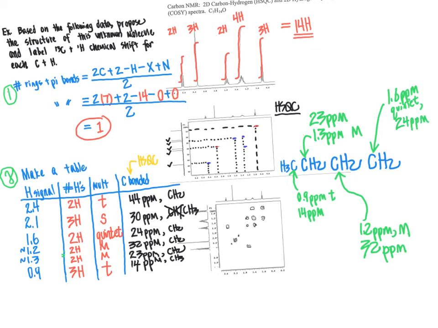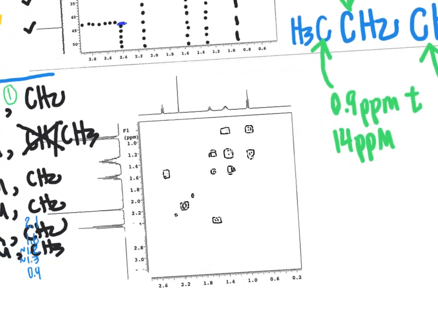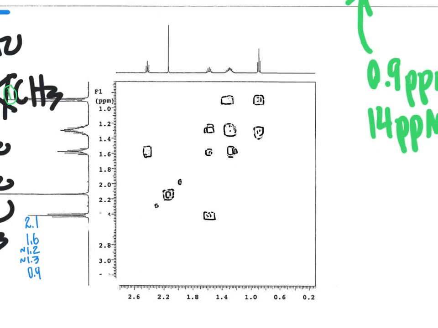And then to continue onward in the chain, we ask what was that 1.6 ppm signal bonded to? What is it spin coupled with? In other words, spin coupled with the signal at 1.2, we already saw that. What's over here? So I'm going to go ahead and zoom in to try to fill in that. So we look at the signal at 1.6 ppm. There's 1.5, 1.6. So 1.6 coming up here. We have this signal in the middle that we can ignore because that's part of the diagonal.